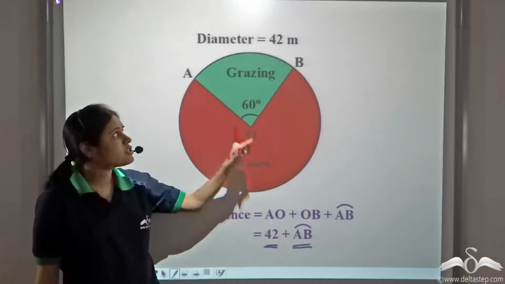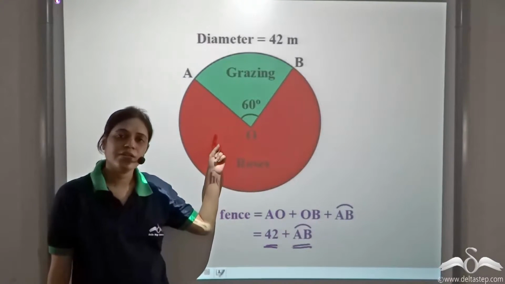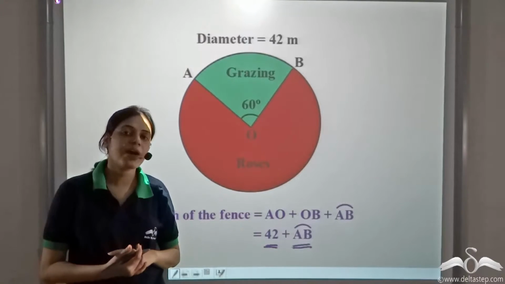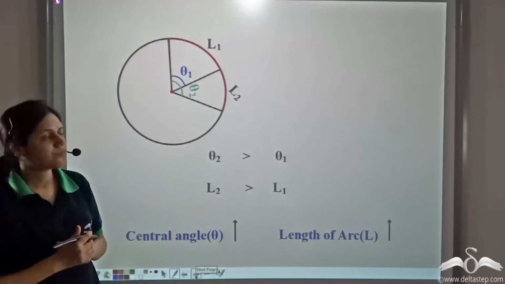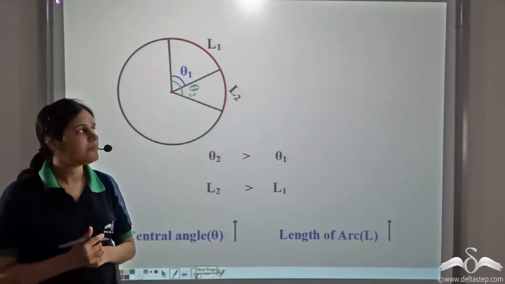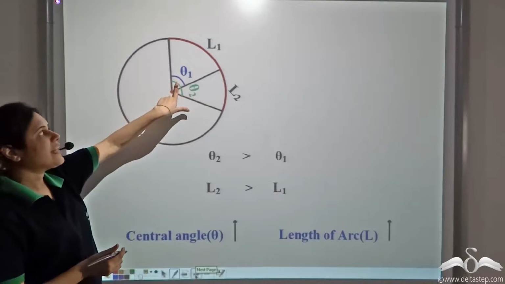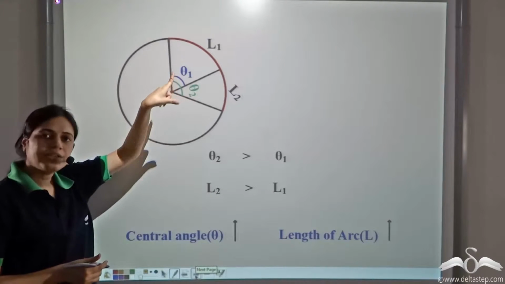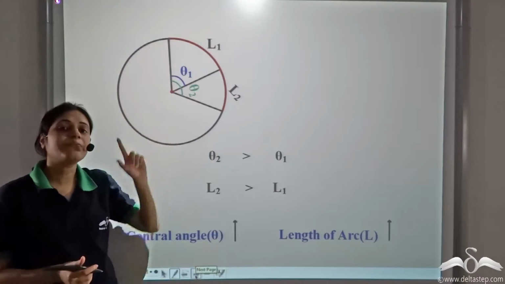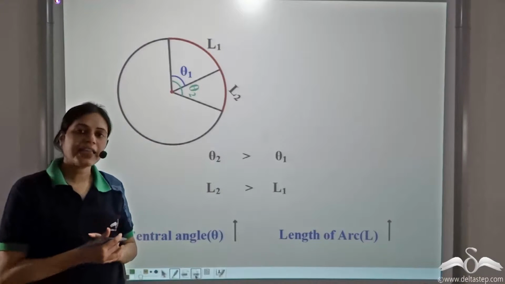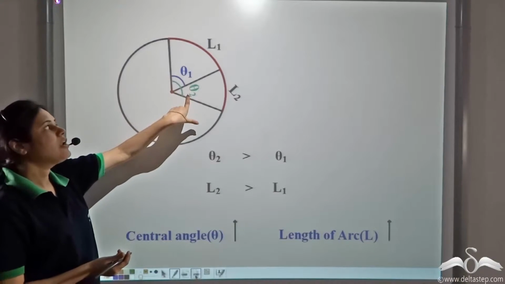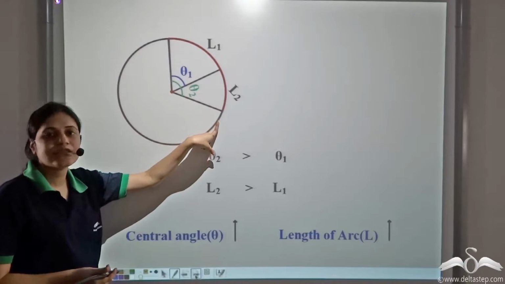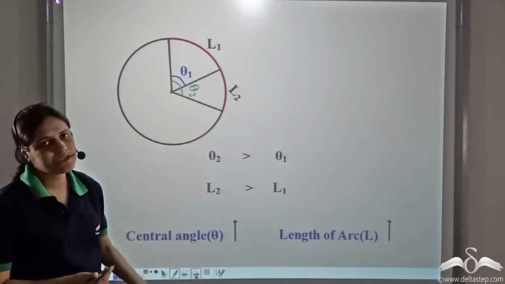Now the gardener does not know the length of the arc, but he was a smart gardener. He observed something. What did he observe? He observed that as the central angle, that is the angle subtended by an arc at the center of the circle, increases, the length of the arc also increases.